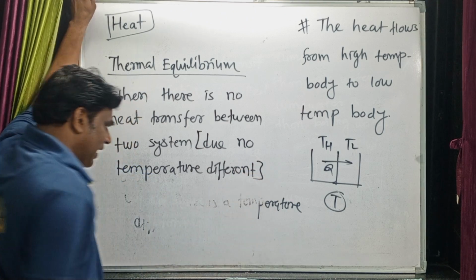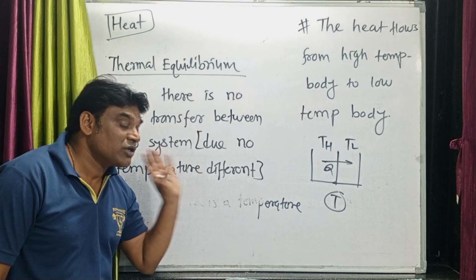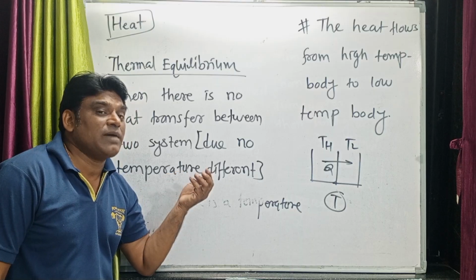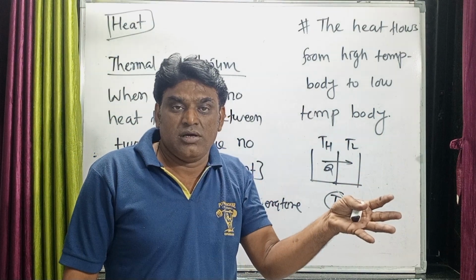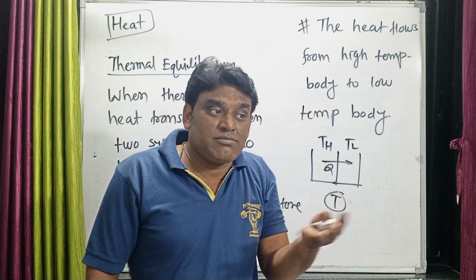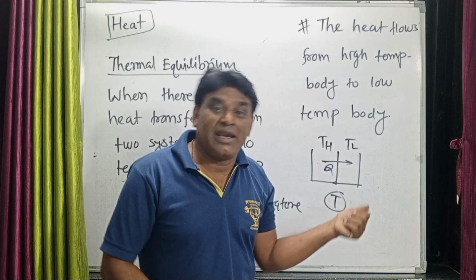I will keep it in brackets. Most of the time the temperature is the same, that is why there is no interaction. But this is not always the case. Sometimes the boundaries are such that heat cannot go from one body to another system.